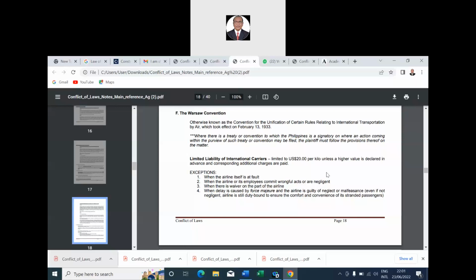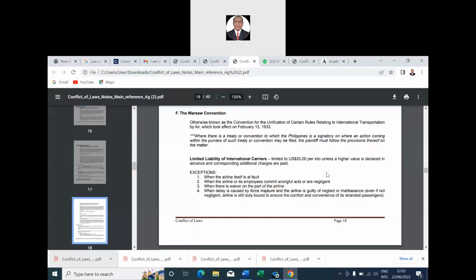So the exceptions are when the airline itself is at fault. When the airline or its employee commits a wrongful or negligent act, when there is a waiver on the part of the airline, when delay is caused by force majeure. Force majeure means act of God, or we can say vis major, which is the common law terminology. Force majeure is a civil law terminology.